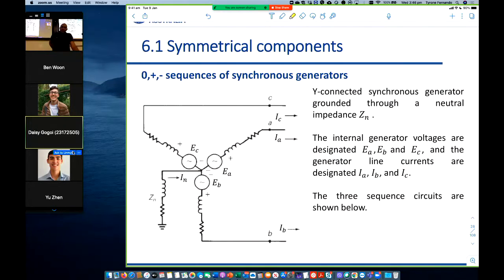So basically we are taking different networks and drawing the corresponding 3 sequence networks for each of those. That's what we are doing.